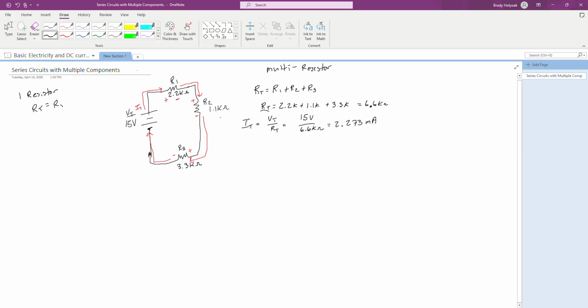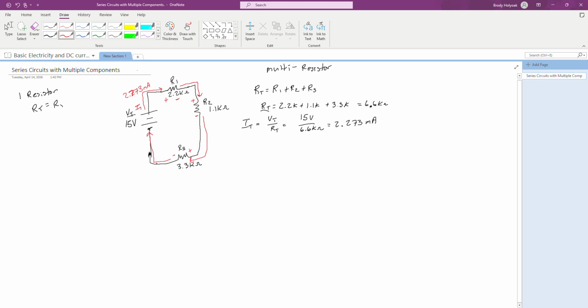So now as I look through, I have this total current coming out, total resistance compared to total voltage. So my current is going to be equal to 2.273 milliamps coming out of the positive, going through R1, R2, R3.